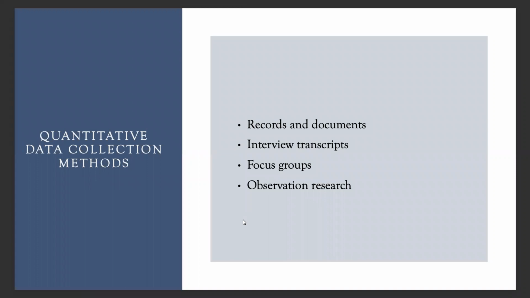So the qualitative data collection methods include records and documents, interview transcripts, focus groups, and different observation research, where you are actually observing, recording, or writing down some qualitative aspects of people, but not something that can be described through a single numerical value.